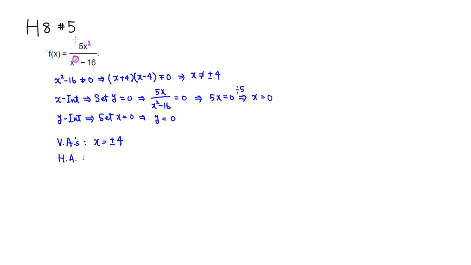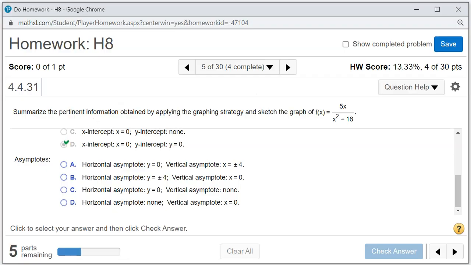When the degree on the bottom is higher, y equals 0, the x-axis, is the horizontal asymptote. So the horizontal asymptote is y equals 0, and the vertical asymptotes are x equals positive and negative 4. That's the right answer.